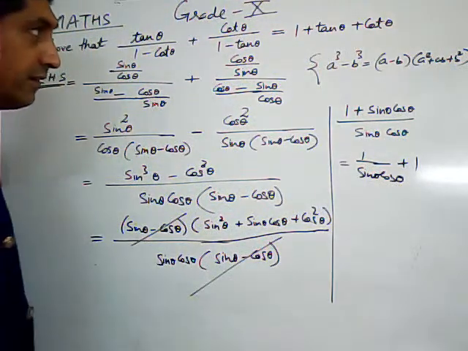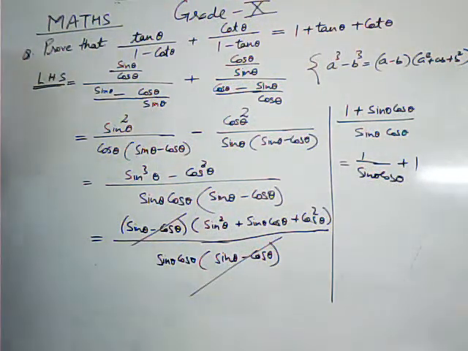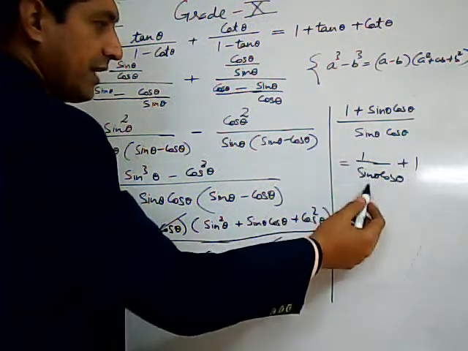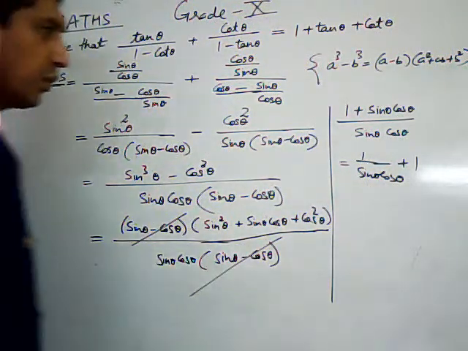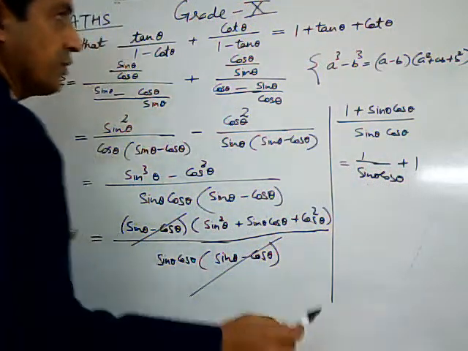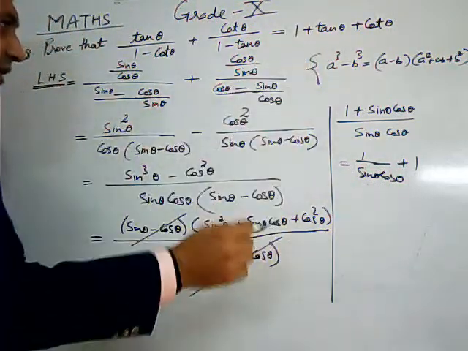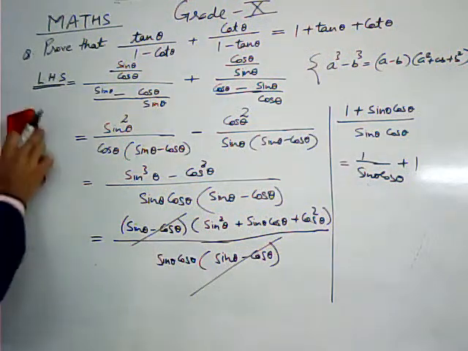So here we are writing 1 upon sine into 1 upon cosine, plus 1. So we can change the right hand side also.